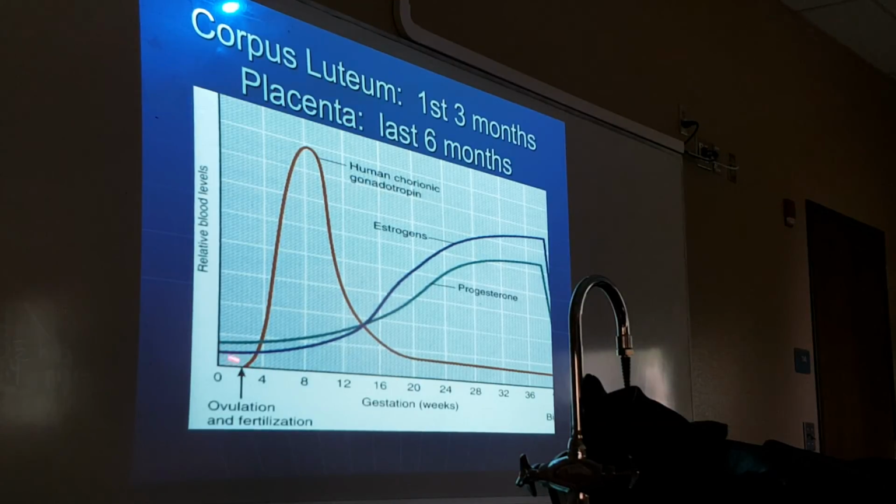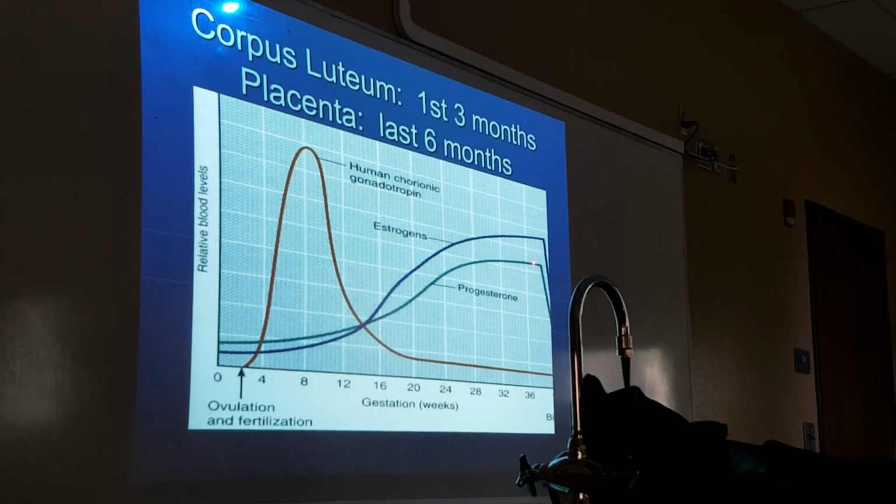Okay, but at no time do they become so high as we see during the latter part of pregnancy. So this is a very profound elevation of both estrogen and progesterone during the latter part of pregnancy.